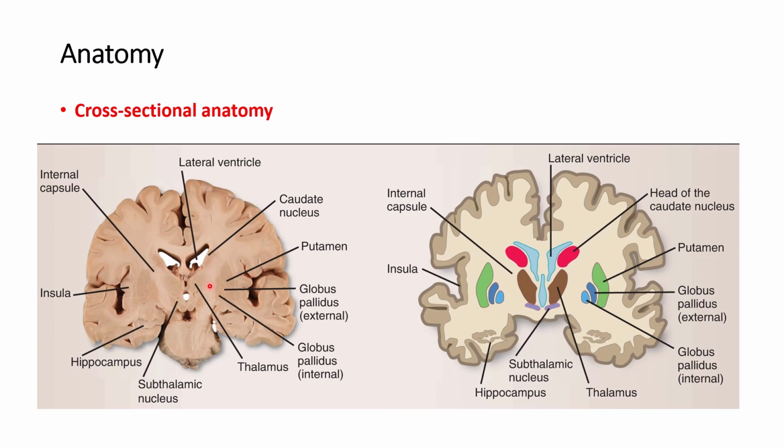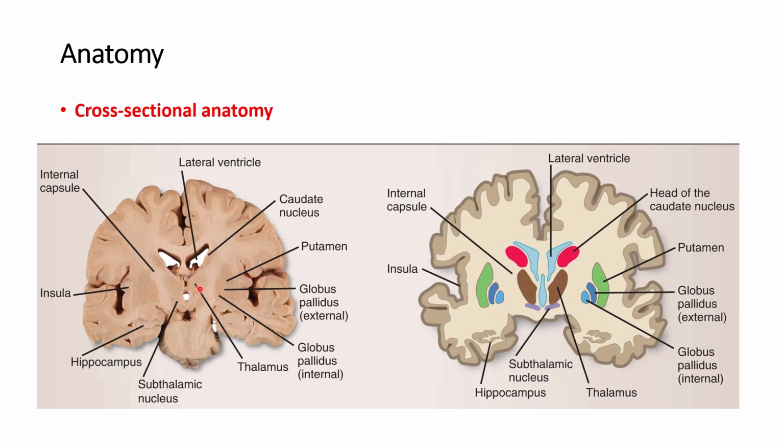Then you have the internal capsule on each side, and you have the lentiform nucleus. The putamen is located laterally, and the globus pallidus is located more medially. The lentiform nucleus together is separated from the thalamus by the internal capsule. Lateral to the putamen, you can see the insula, and this is the lateral sulcus.